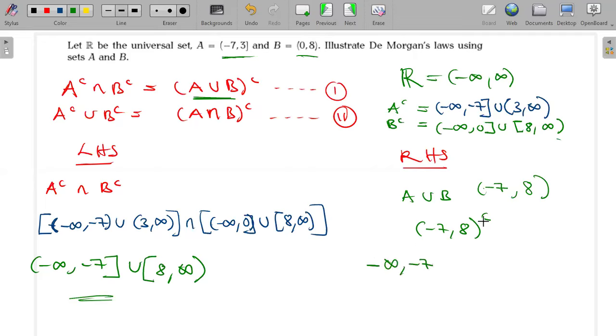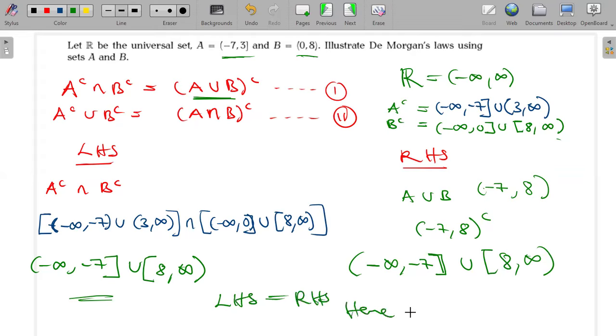Since here 7 is in A union B, in the complement 7 will not be there. So it will be closed there, and then the other side, you're just going to get 8, and up to infinity like that. So here you see that the left hand side is equal to the right hand side. Hence shown. Like that we would have shown.